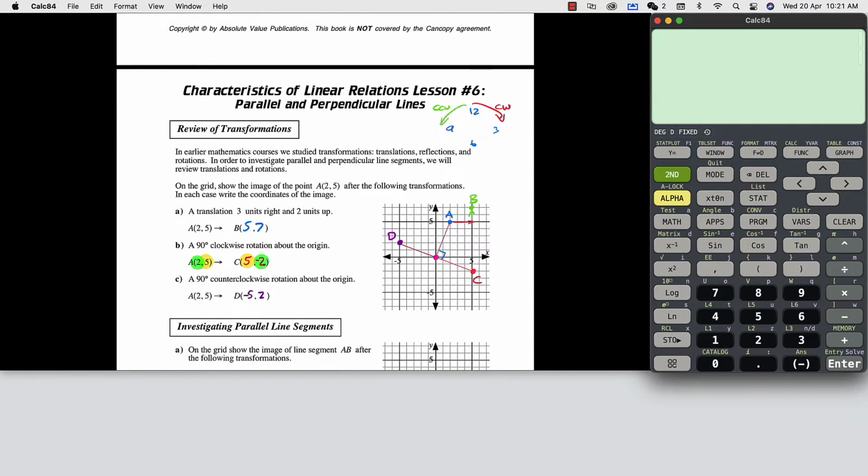Okay, and that is going to form a 90-degree angle right there.